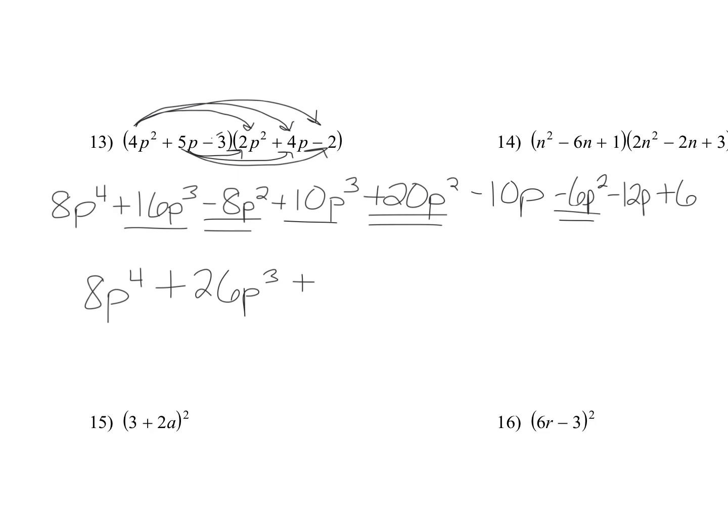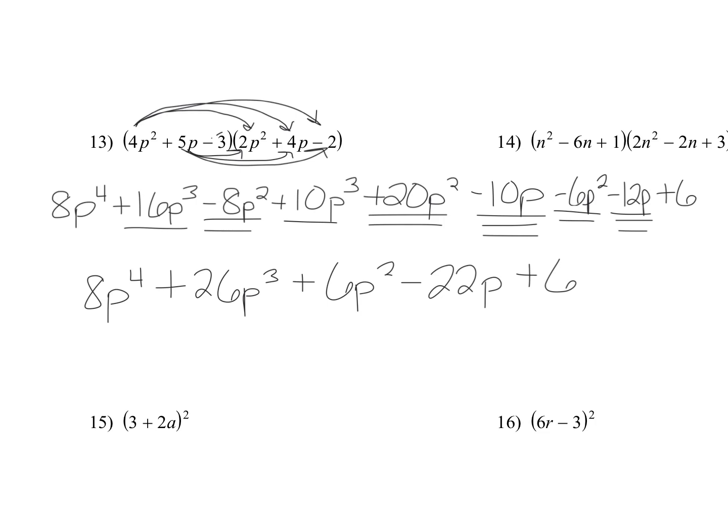You all agree? Good. What's next? We have 10p goes with 12p, so we get negative 22p, and then we have that plus 6 to tag along at the end.